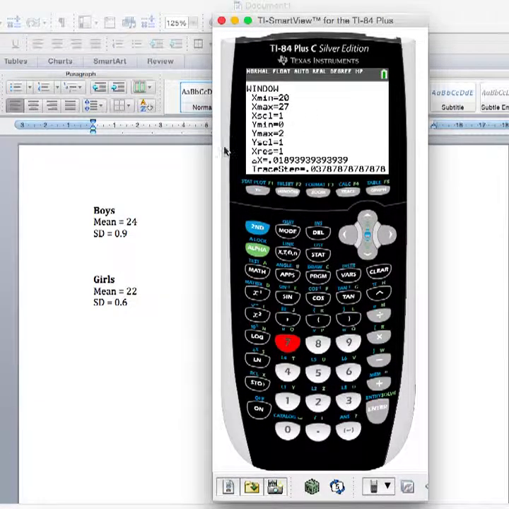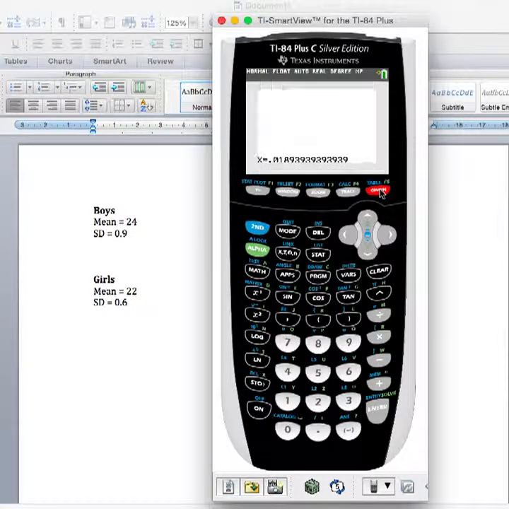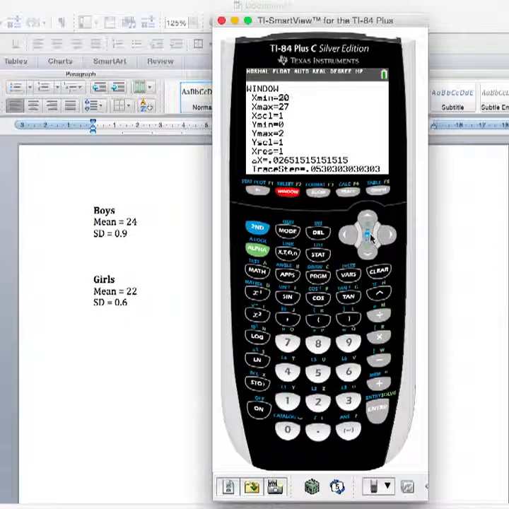I may wish to come back and change this later on once I've had a first look at the graph. So now you can see the result of the increased uncertainty because of the increased spread. I'm just going to redraw that with a better Y scale, so I'll change it to 1 now I've had a quick look at it.